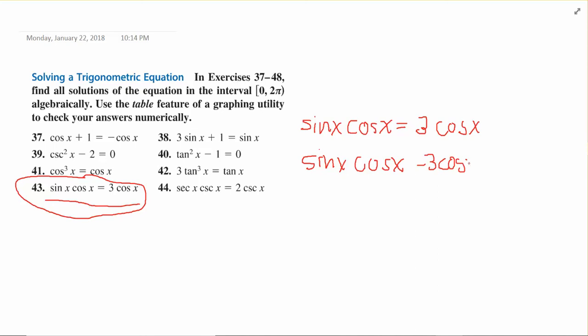Now what I notice here is that there's two terms, and they both have a cosine x in common. So I'm going to factor out that common factor of cosine x. Well, that leaves me with the sine of x minus 3.